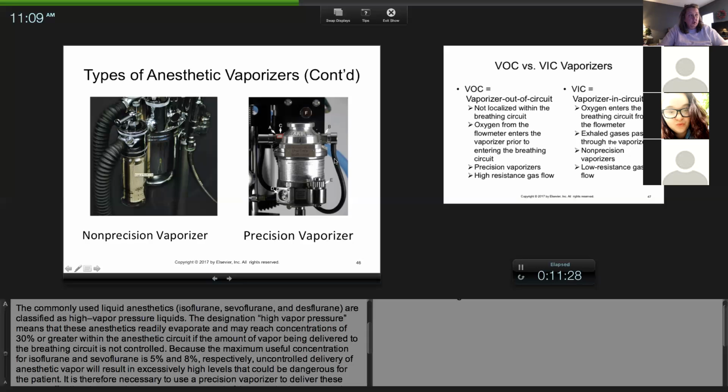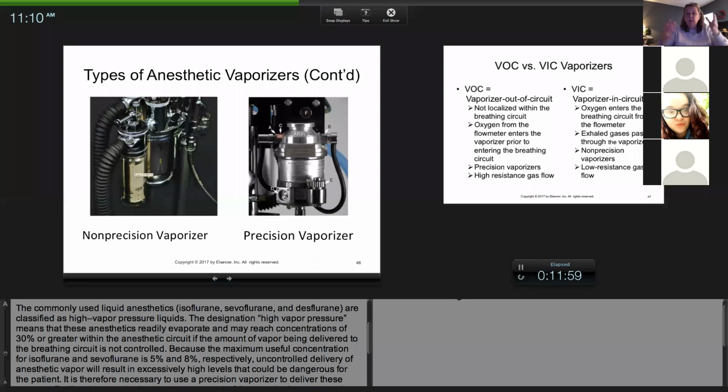This is where oxygen anesthetic goes down this black tube and it would go into the circuit. But when the animal breathes, the vaporizer is out of the circuit. So they can breathe 4 times a minute, 20 times a minute, 40 times a minute. It's not going to change the flow because you are controlling the amount via this tube that goes into the circuit. And that's the big difference with the precision versus non-precision.